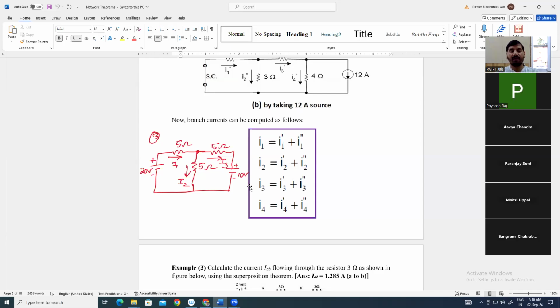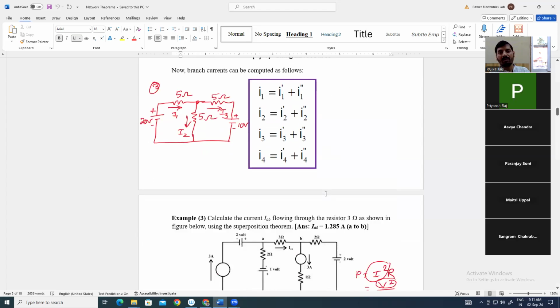So based on the number of independent sources in the circuit, we have to solve the circuit in superposition theorem accordingly. Suppose there are three sources in the circuit, so we have to solve three different circuits by taking individual sources at a time. And then we have to take the responses by considering each source at a time. And in the final stage, to find the resultant current, we have to take the algebraic sum of all currents evaluated by considering each source.